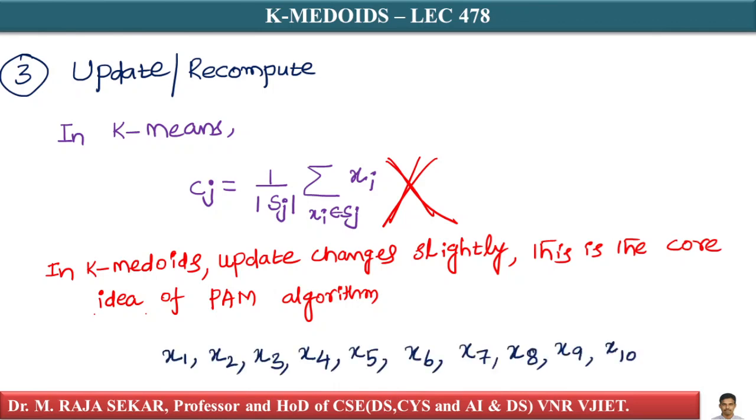What are the steps? Let's say these are the points x1, x2, so on, x10. Swap each medoid with a non-medoid point.